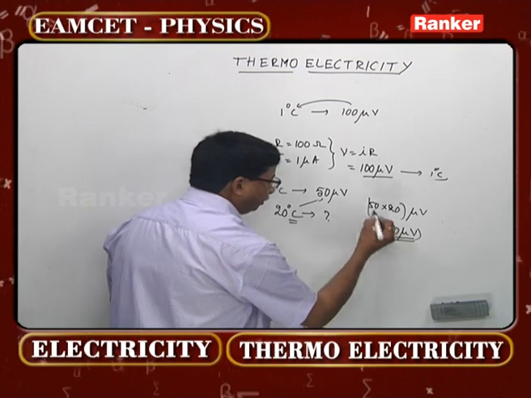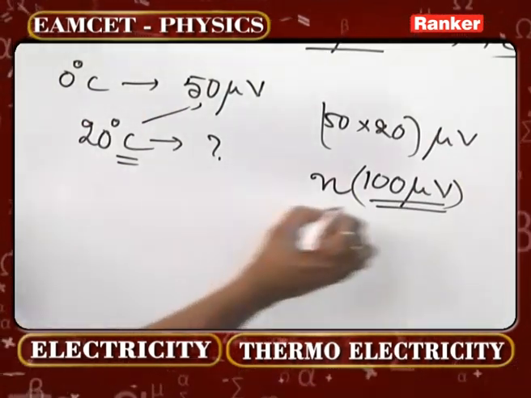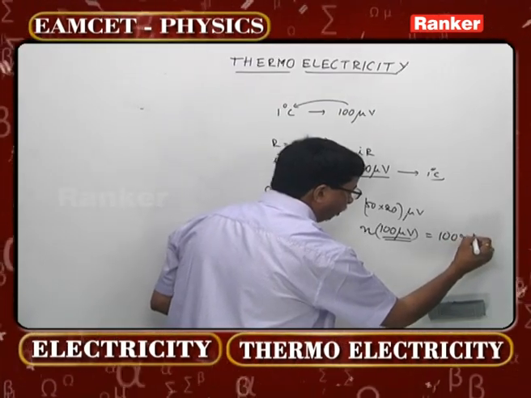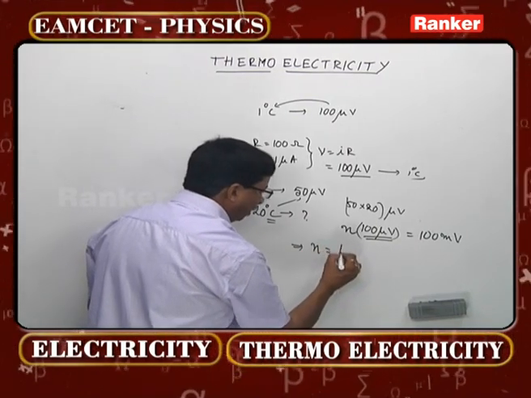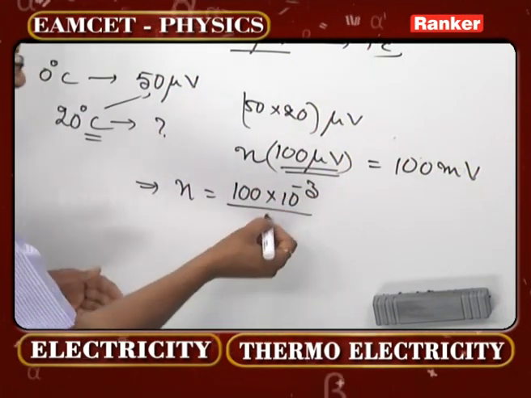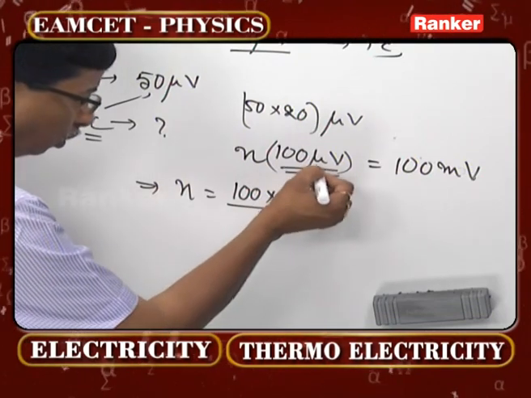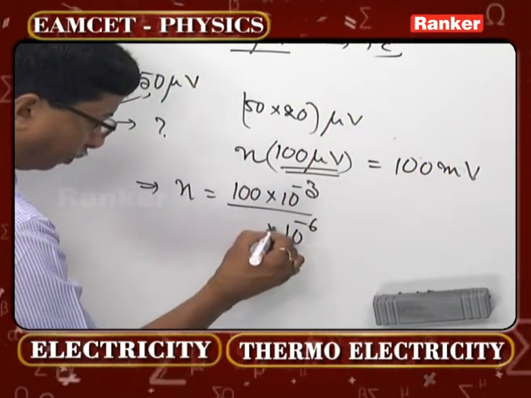Let us say there are n thermocouples in that thermopile. That thermopile can measure how much? 100 millivolt, that is what has been given. So what will be n? n equals 100 into 10 power minus 3 divided by 100 microvolt, that is 10 to the power minus 6 into 100.